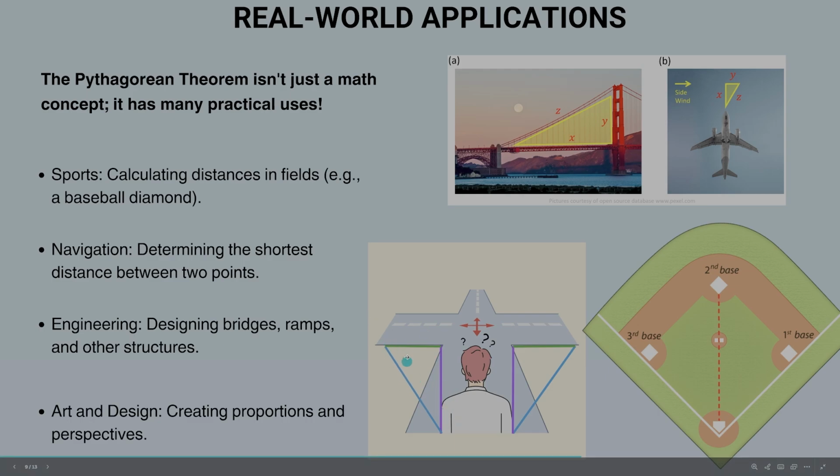This is the shortest distance, pretty cool. Then in engineering, we have building bridges, and they have a bridge here, and I actually have no idea what this image is saying. It's wind and something to do with the plane. It is a right triangle.